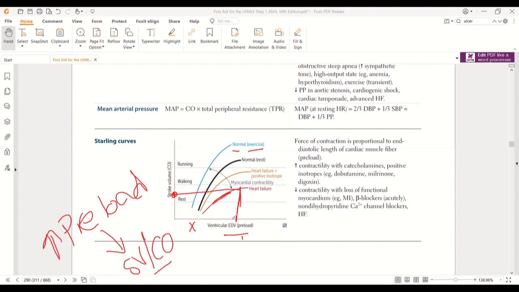If you give this patient an inotrope like dobutamine, milrinone, or digoxin, what happens? The preload remains the same, but the cardiac output or stroke volume is increased, right? Did you understand this?